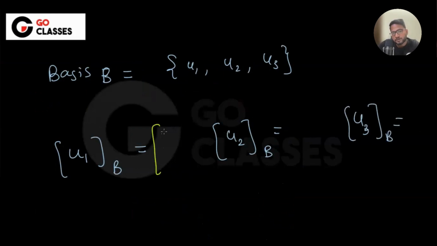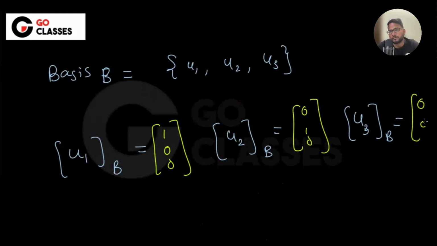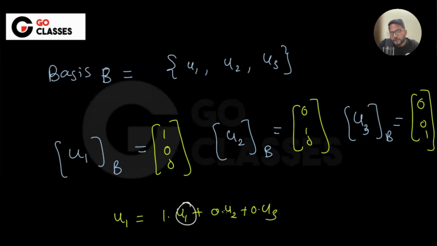These are always (1, 0, 0), (0, 1, 0), and (0, 0, 1). Is this okay? I mean, you can definitely try it. So u1 you can write as 1 into u1 plus 0 into u2 plus 0 into u3. And that's how you get the coordinates, right? So coordinates of u1 with respect to this basis is (1, 0, 0) only, right?